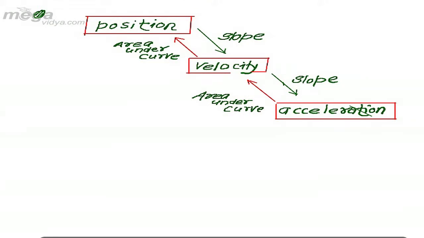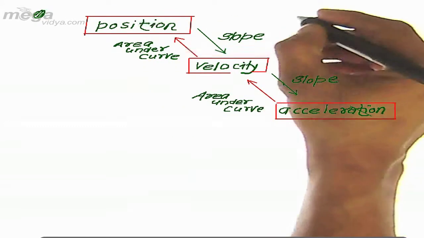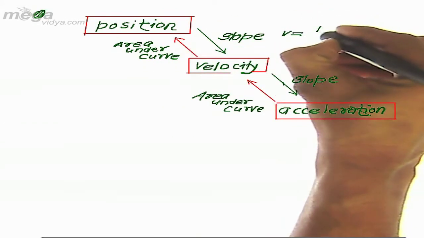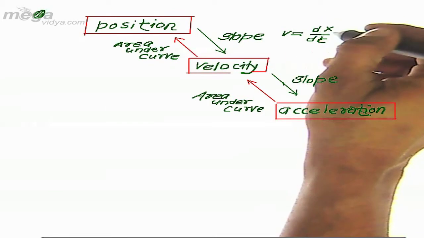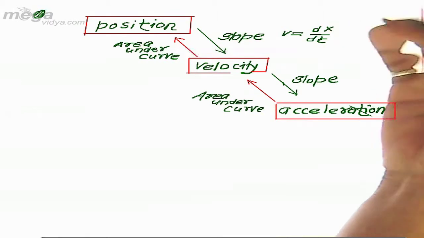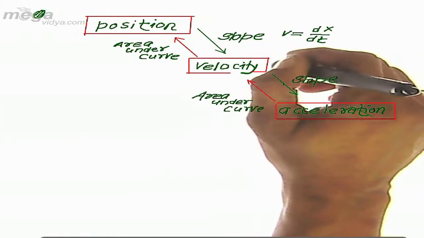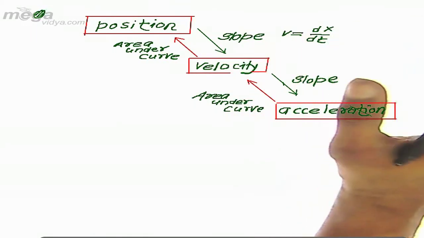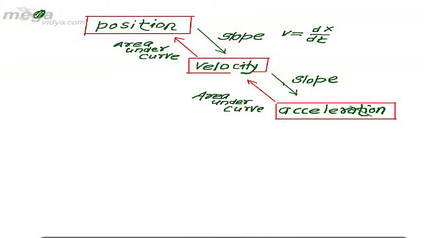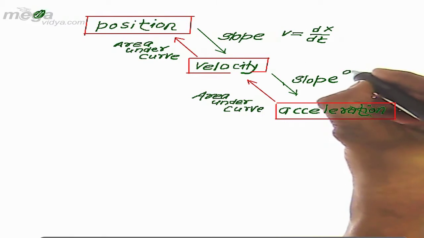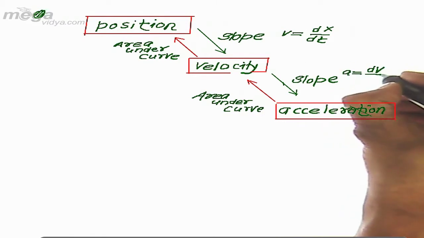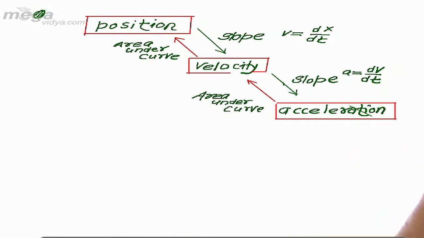As we can find, velocity v is a derivative of position, and derivative, as we know, is the slope. So the position time graph on differentiating, or finding slope, gives us velocity of the particle, and as we know acceleration is the derivative of velocity, so the slope of velocity time curve gives us acceleration.